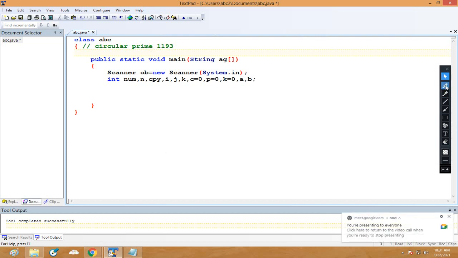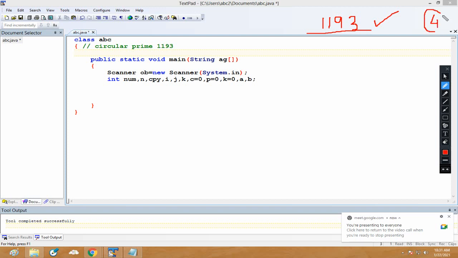Everybody knows the circular prime number is a number in which, suppose the example I gave yesterday, 1193. What are we supposed to do? First of all, we count the number of digits. In this number, the number of digits is 4. Please pay attention here.